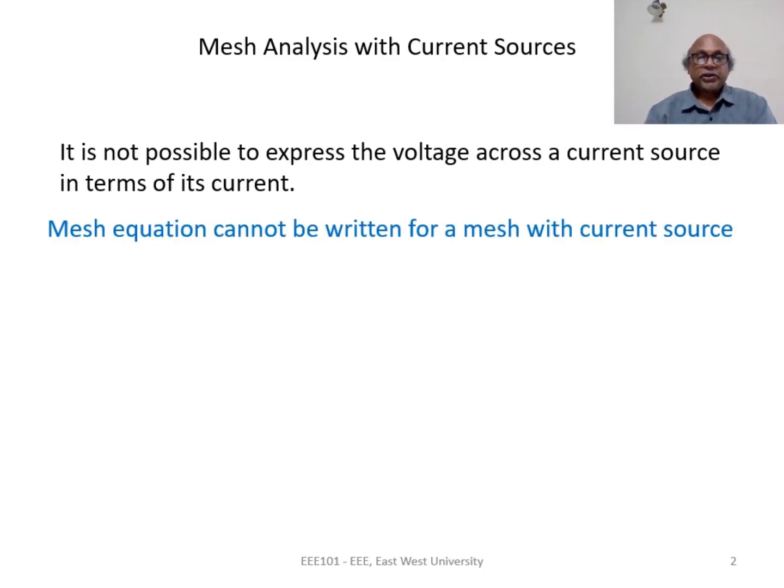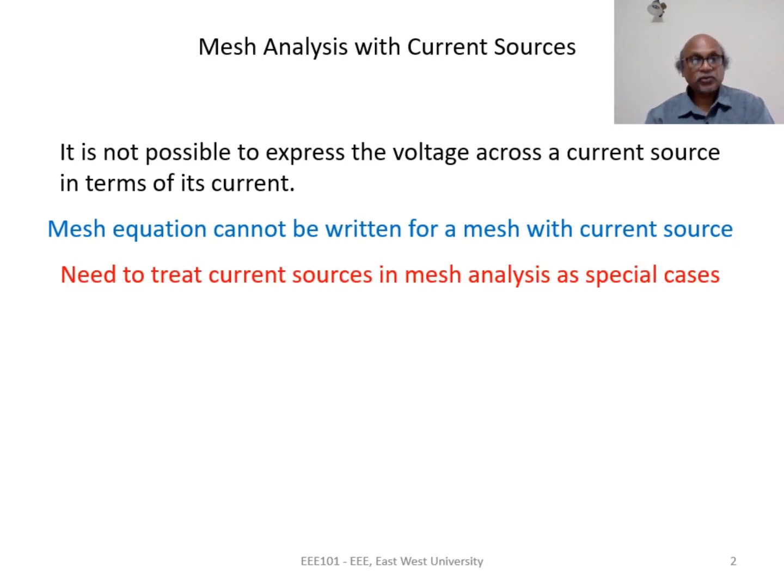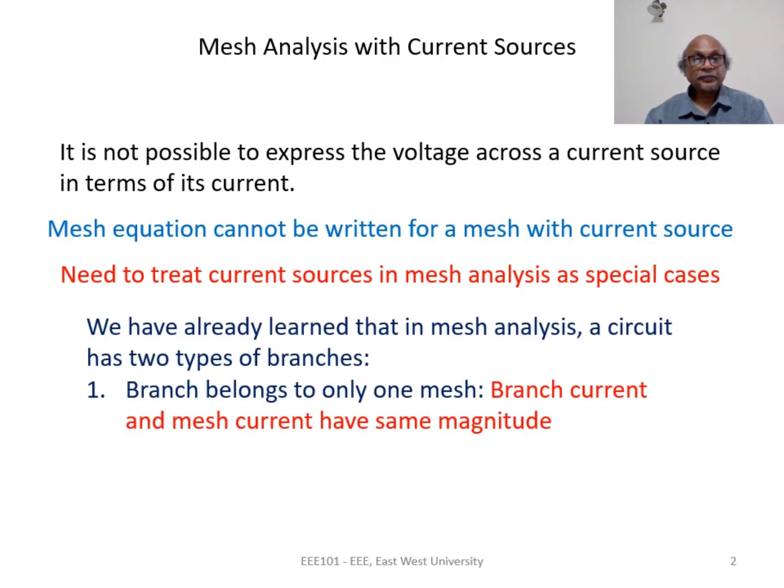For this reason, a mesh equation cannot be written for a mesh which contains a current source. Consequently, we need to treat current sources in mesh analysis as special cases, just as we treated voltage sources as special cases in nodal analysis.